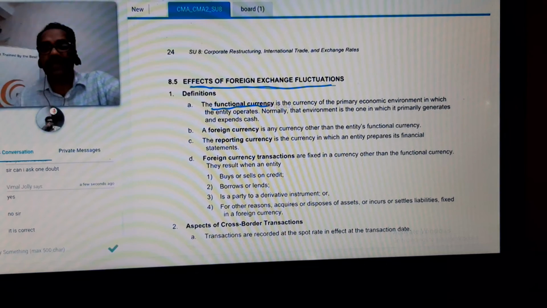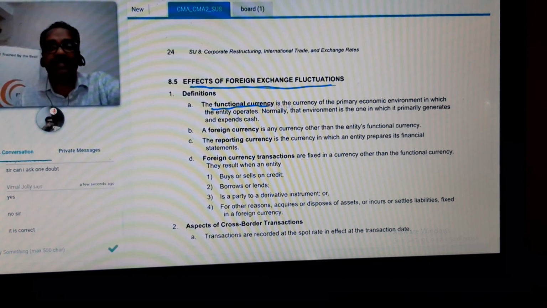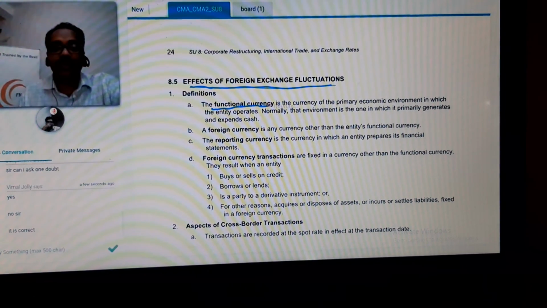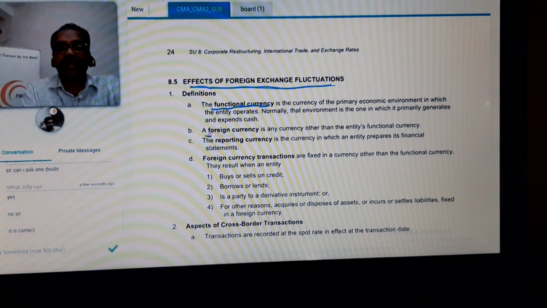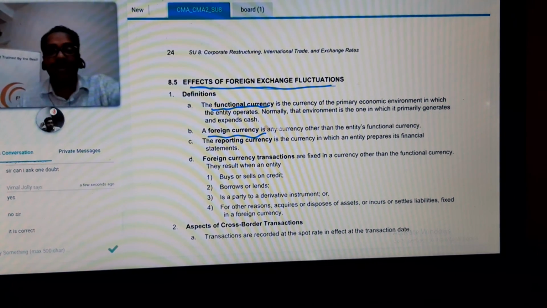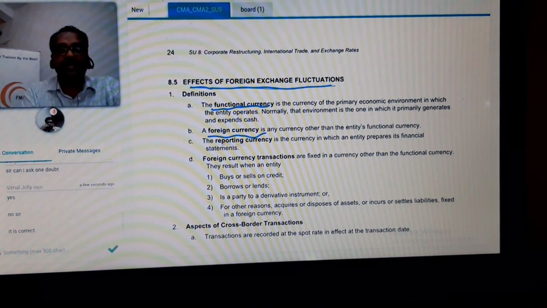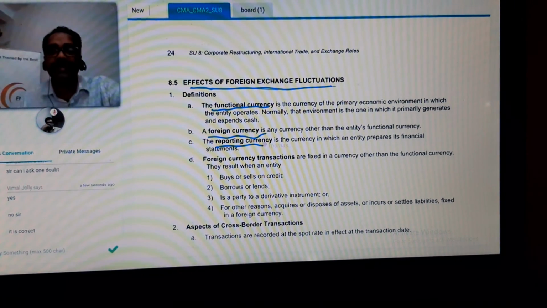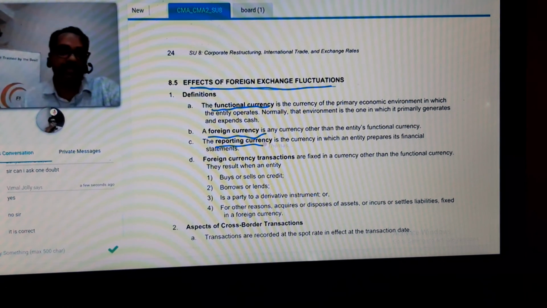Normally that is the environment in which the entity primarily generates and expends cash. Any currency other than the functional currency is termed a foreign currency. Now there is a reporting currency, which is US dollar in our case, the currency in which the entity prepares its financial statements.